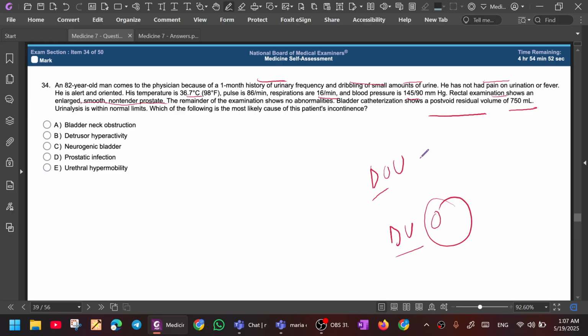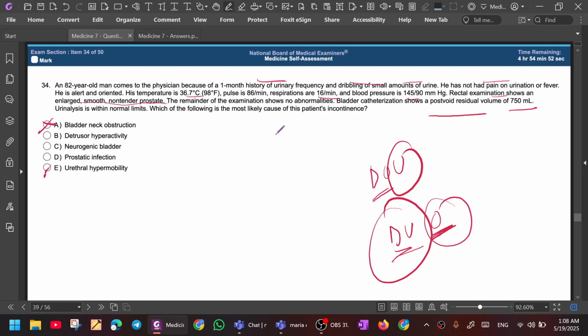Wait, one second. Detrusor overactivity or underactivity, overflow, obstruction. Okay.